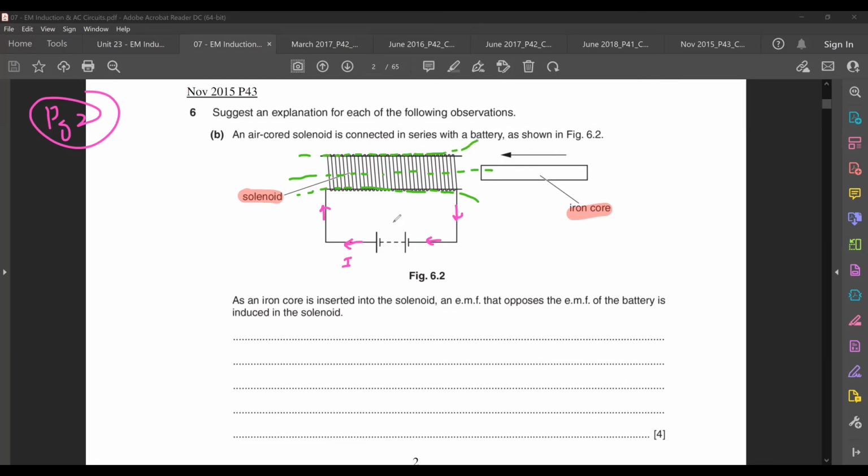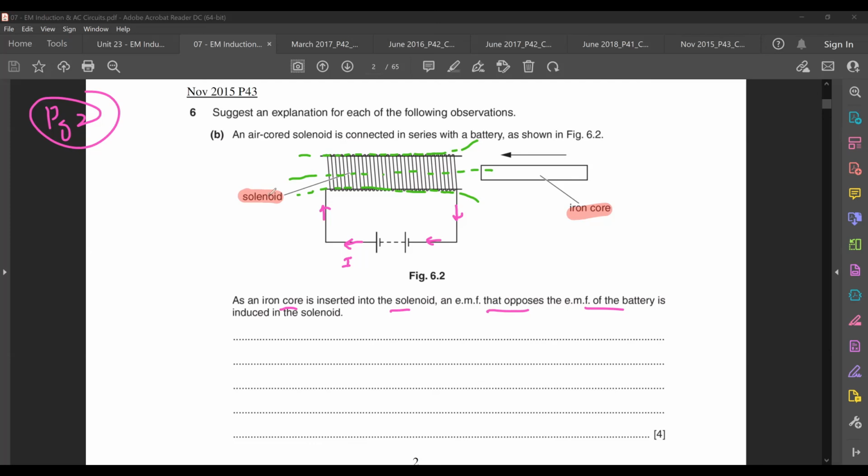So now they tell you that you are inserting an iron core into the solenoid and somehow you are getting an EMF that opposes the EMF of the battery. So right now, where do you suppose your EMF is induced, your current is induced?